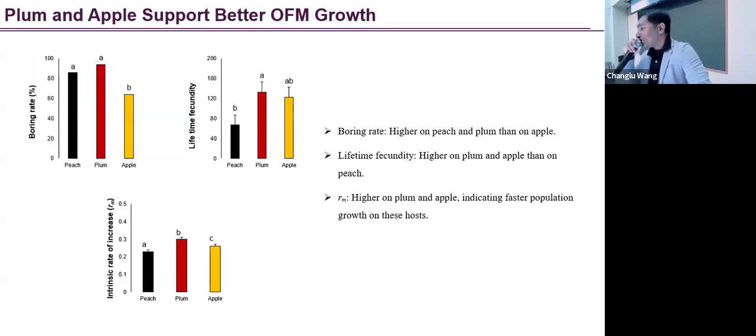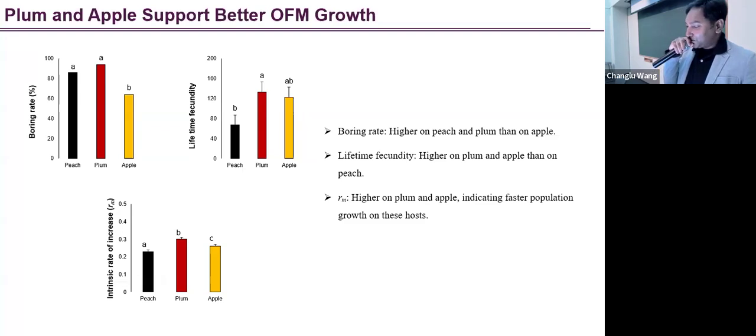But as I told you before, I'm doing this experiment because one reason is I want to establish my colony. If you see this study, boring rate is lower on plum, right? But as I told you, the intrinsic rate of increase shows that plum and apple are the better food source.